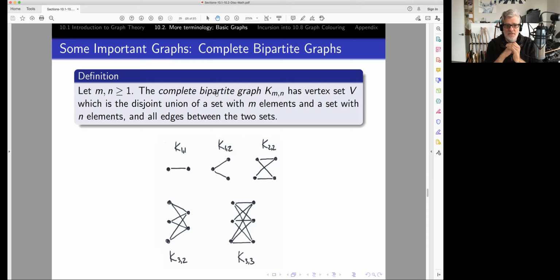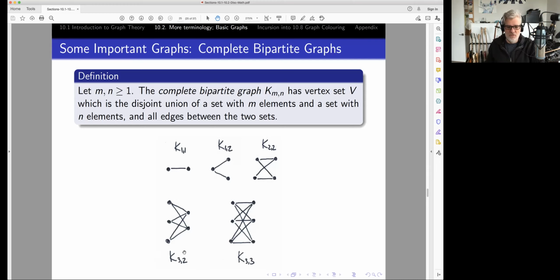What are its vertices? A set with m elements and a set with n elements, like you can see from the picture. And what are the edges? All the edges in between these two sets. So again, these are the fattest bipartite graphs that you can imagine. You have two pieces and you put all the edges possible in between.